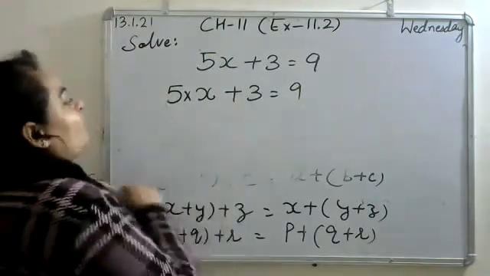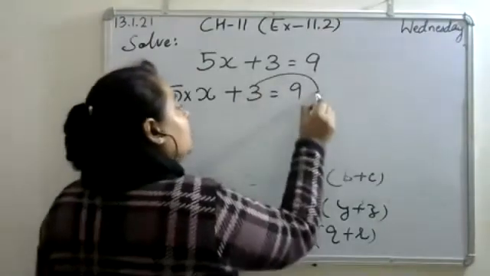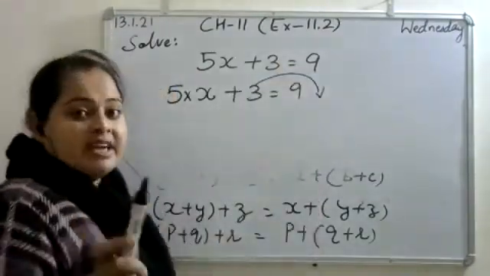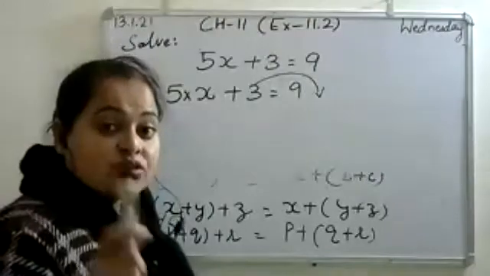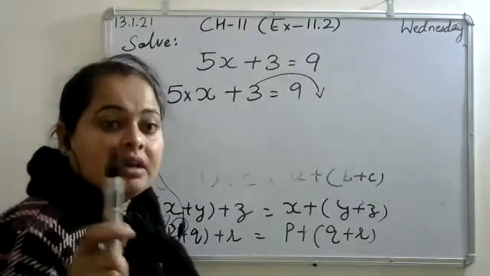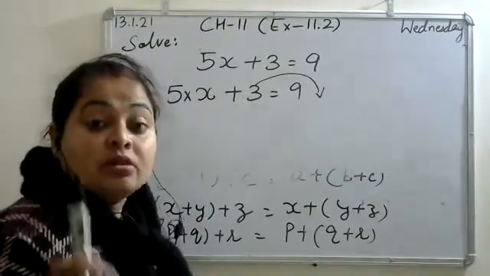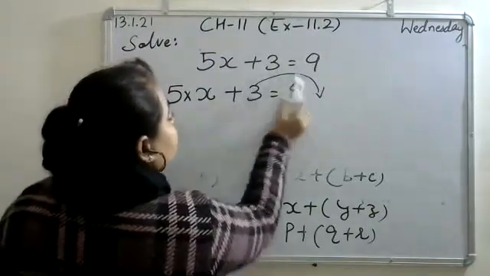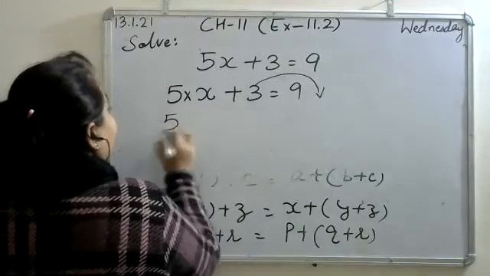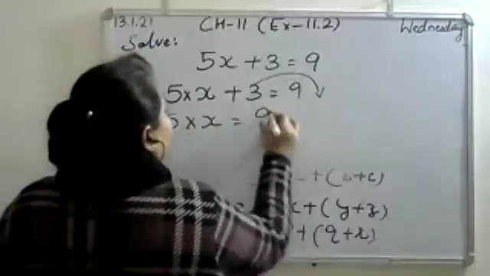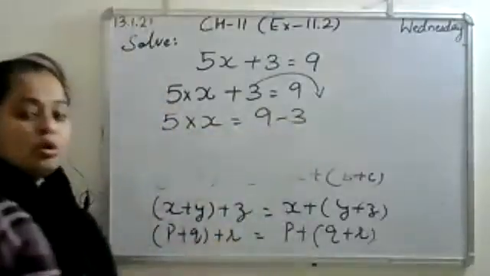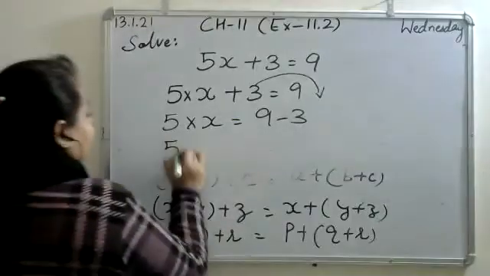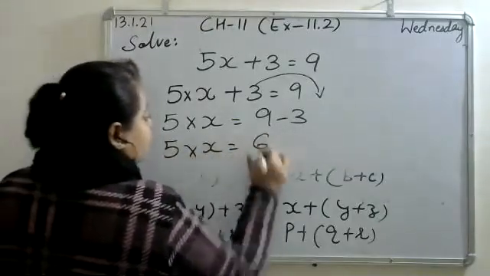So first of all you will shift this 3. Always, always first of all you will shift the number which is not with variable. So this is 5 multiplied by x is 9 minus 3. Okay. So 5 multiplied by x is 6.